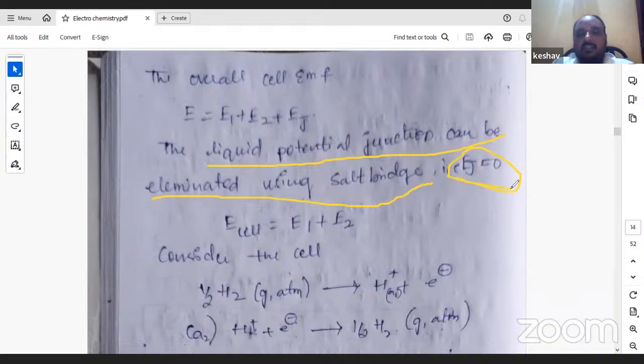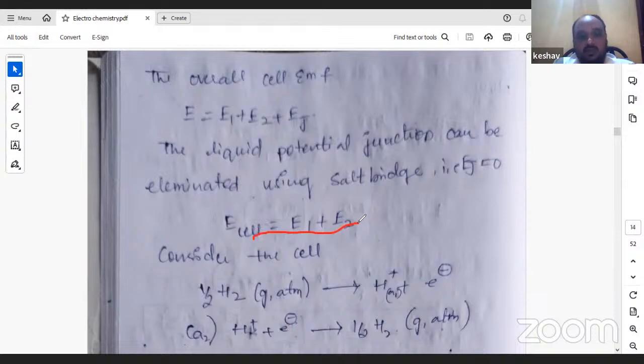We will discuss in detail after completion of this immediate LJP topic; don't worry, I will remind you. So since LJP can be eliminated using a salt bridge, E cell is equal to E1 plus E2.